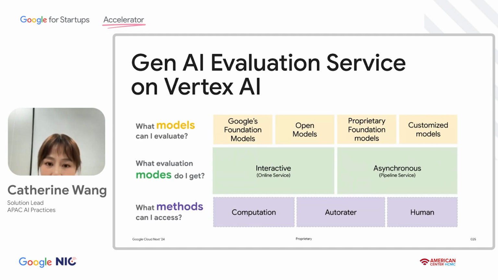That is the computational metrics or method. The rater is more interesting. In this method, we will be using a separate large language model acting as the rater to evaluate the original output from your fine-tuned or trained model. The third one is, of course, asking humans, to evaluate the model output in a more interactive way.